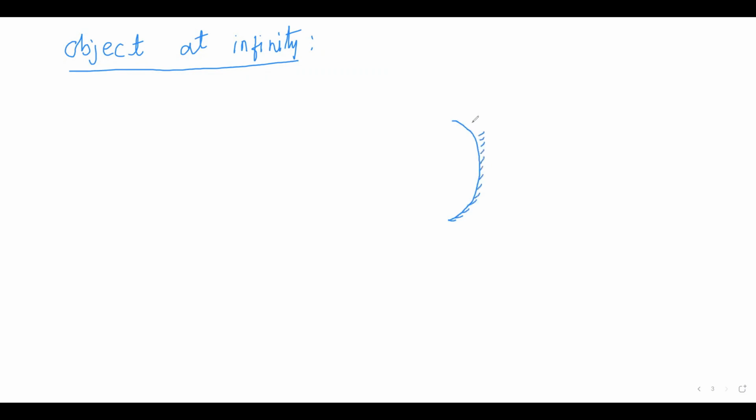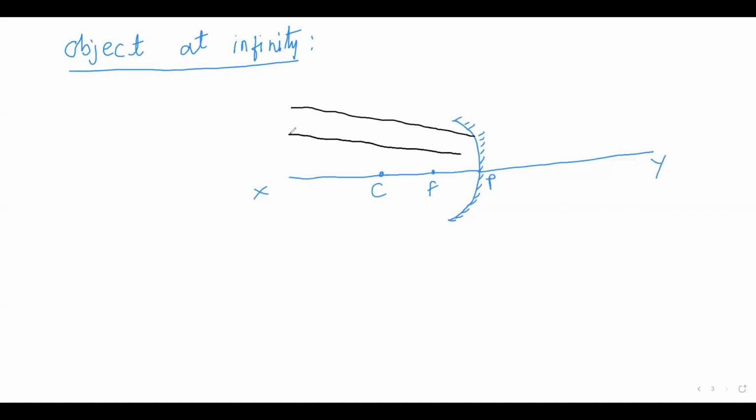Reflecting surface, principal axis, pole, focus, center of curvature. Object is at infinity, so the rays from infinity are falling on the concave surface of the concave mirror. Parallel rays are coming from infinity and falling on the concave mirror.